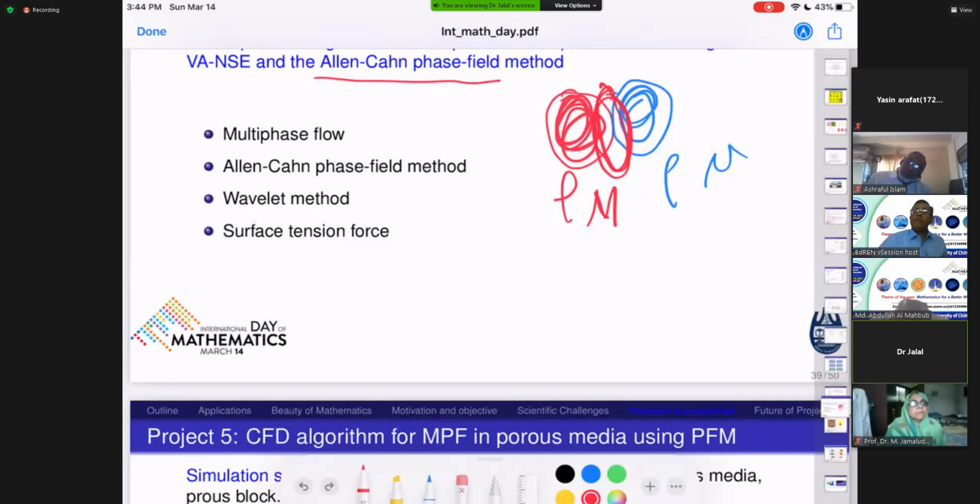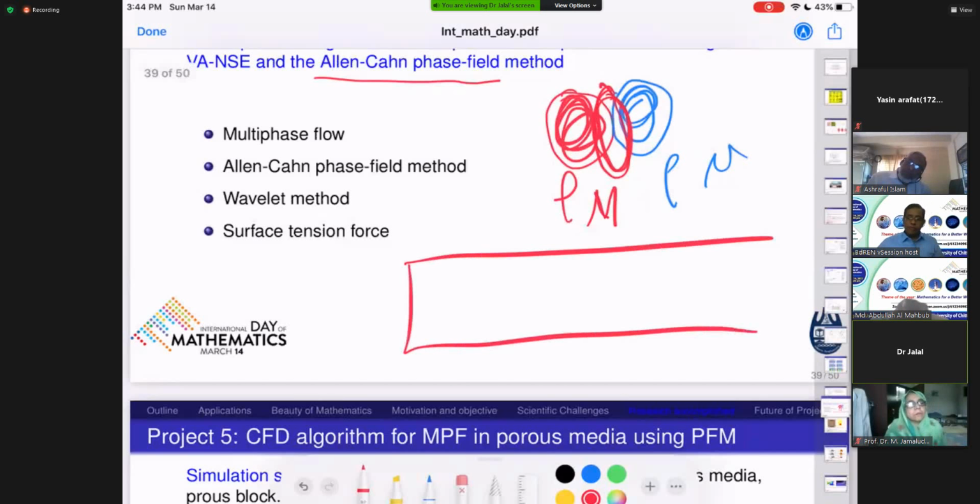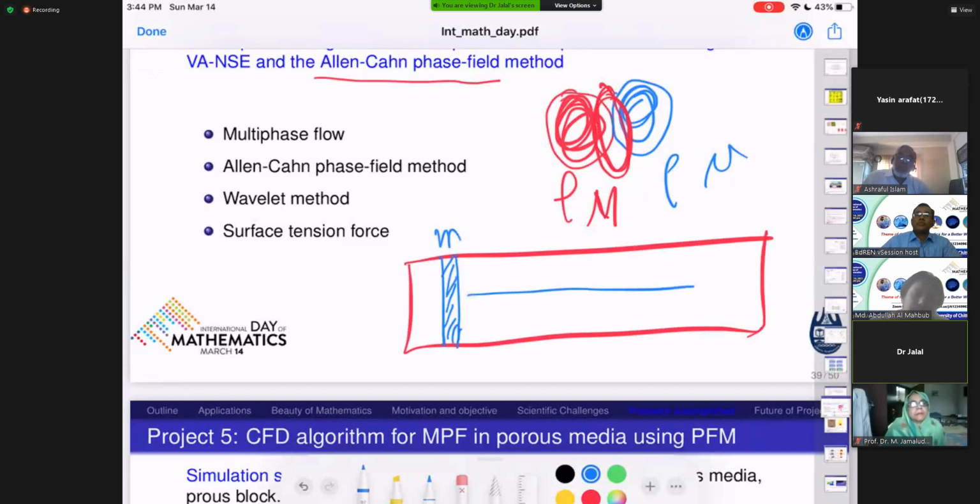Because in the oil industry, suppose this is the initial condition, the initial mass. When a flow is coming here, this is the outlet, this is the inlet.